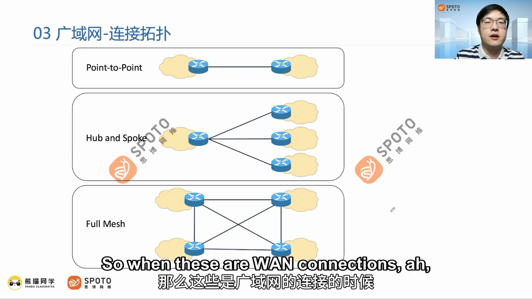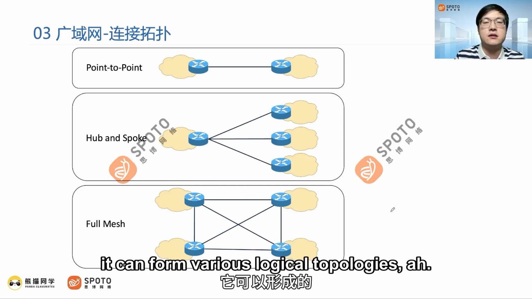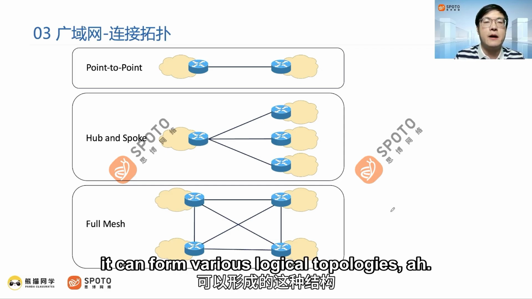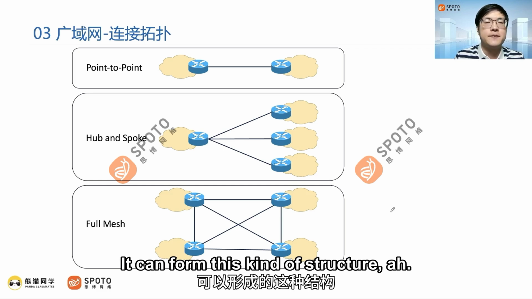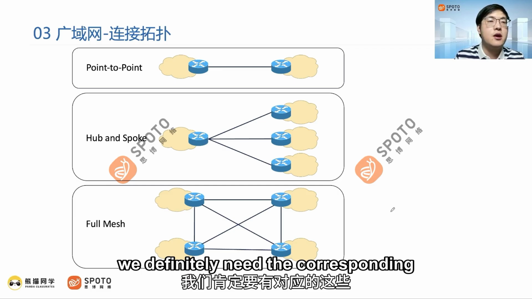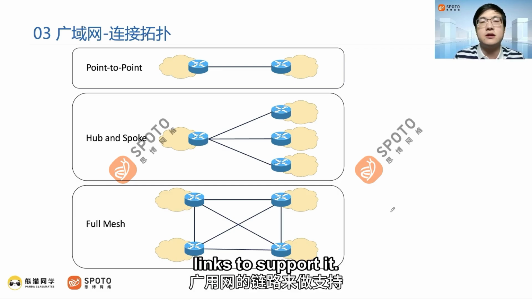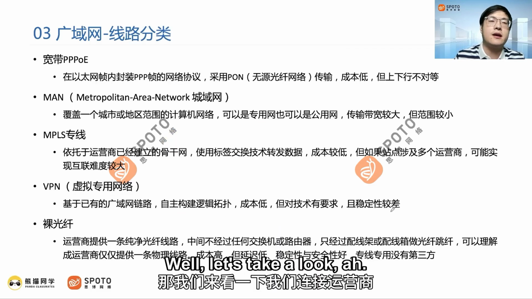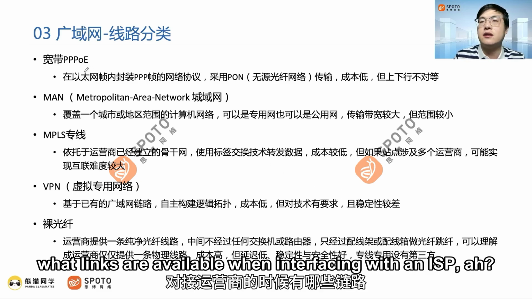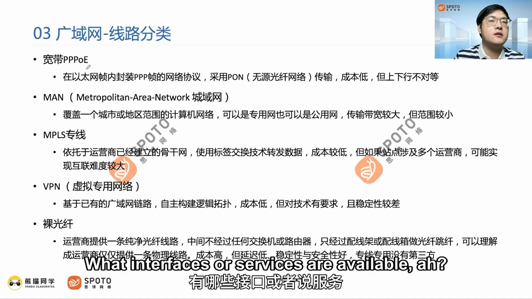Okay, so when these are WAN connections, they can form various logical topologies. To form such a structure, we definitely need the corresponding WAN links to support it. Let's take a look at what links are available when we connect to an ISP, what interfaces or services are available to use.